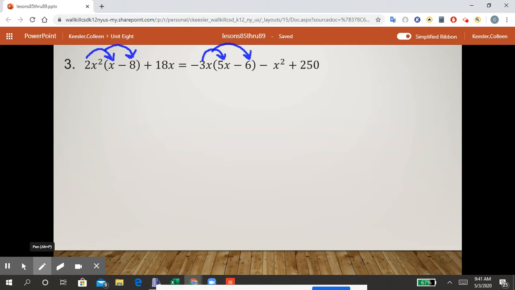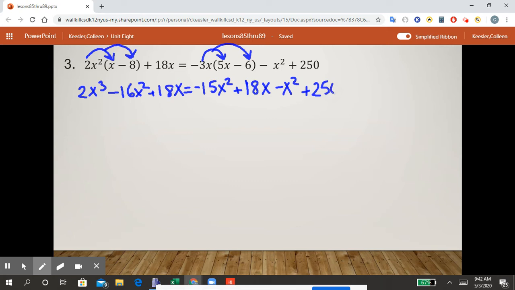All right, so we have 2x squared times x is 2x cubed minus 2x squared times negative 8 is negative 16x squared plus 18x equals negative 3x times 5x is negative 15x squared. Negative 3x times negative 6 is negative 18, or positive 18x rather, minus x squared plus 250.